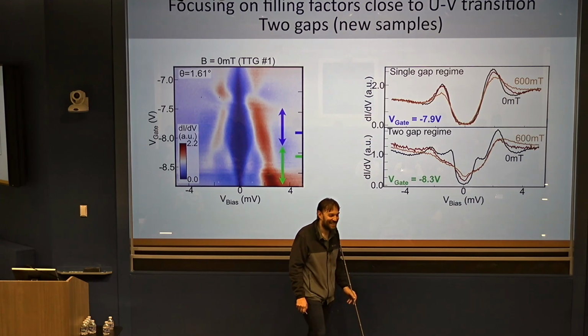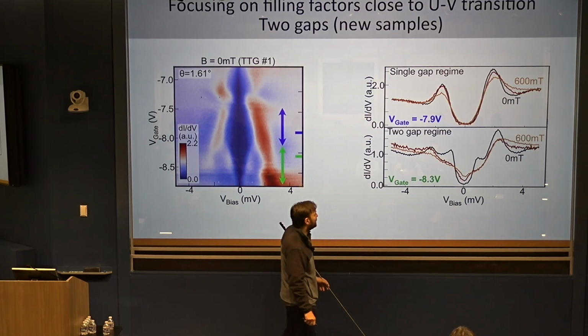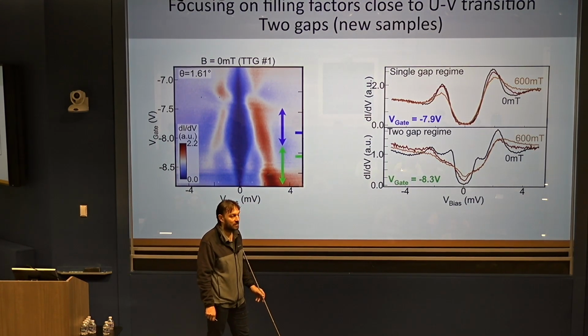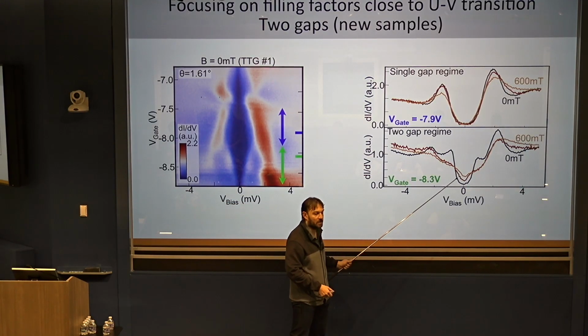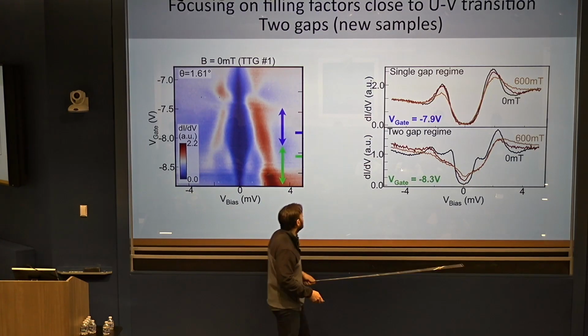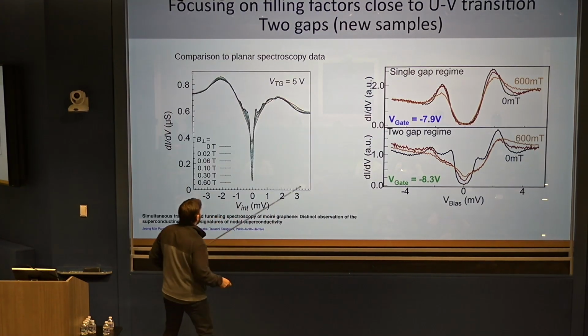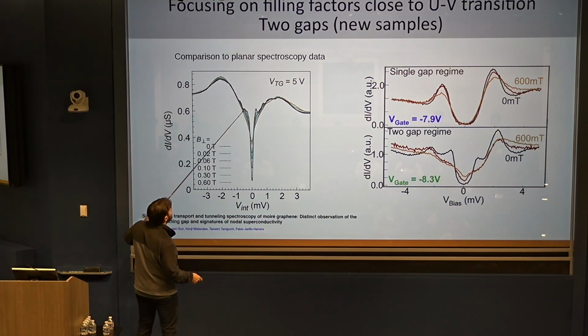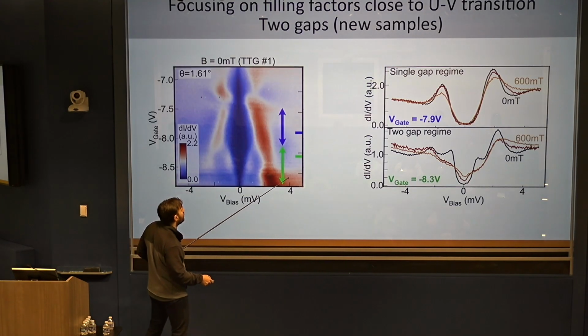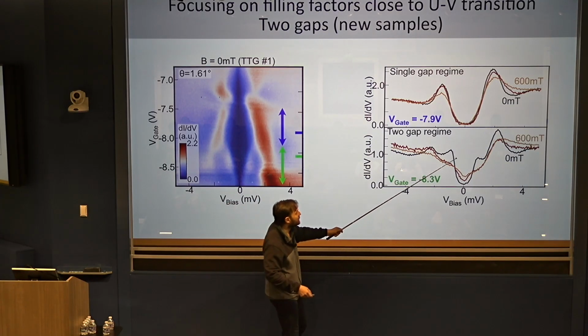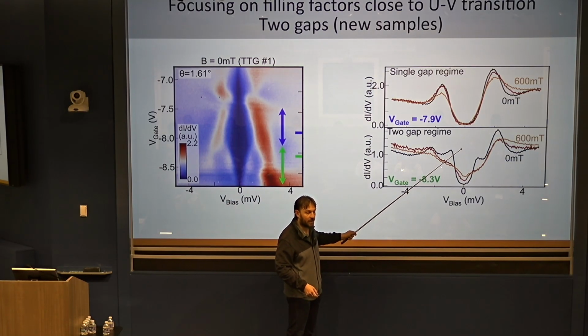Go ahead. If I look at the energy scale of this gap, I would say this is about 1 meV. Yeah, slightly smaller, but roughly. Well, that's very different from Pablo's gap. True, here it is like half a meV or maybe 400 micro eV. But the point is that I chose this particular gate voltage.